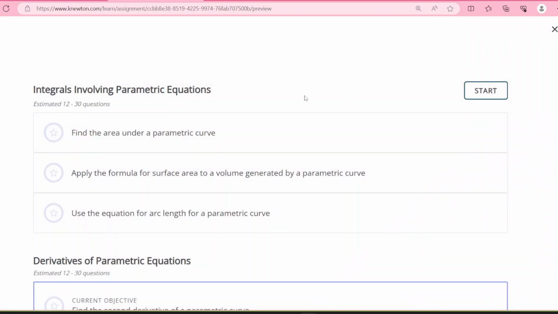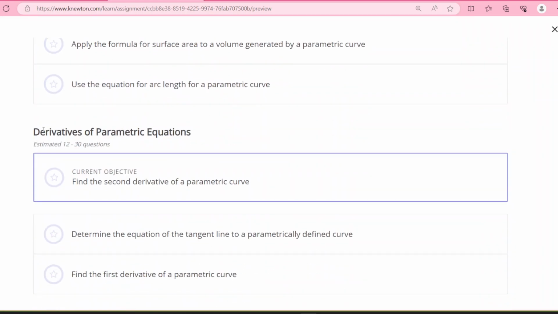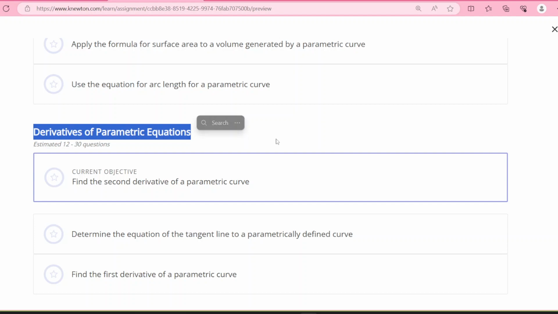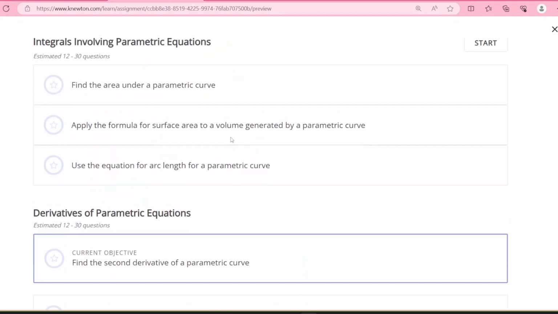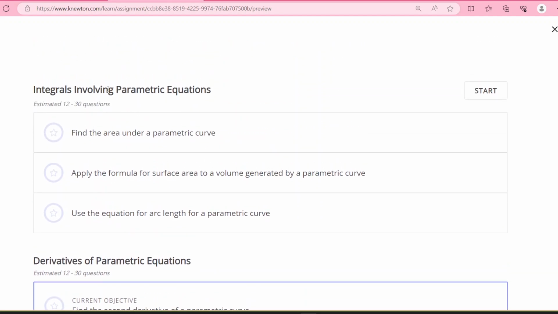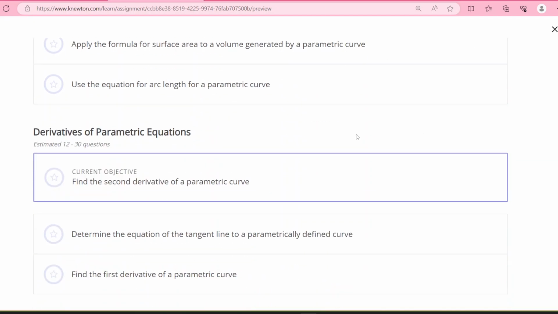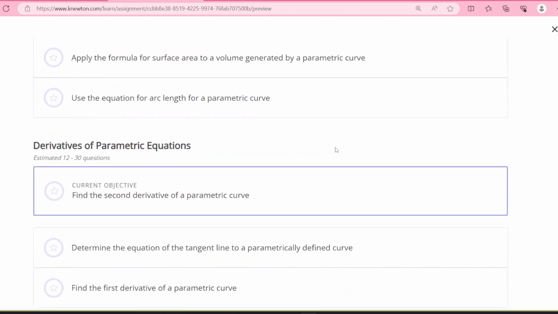If I look at the activity log, I'm just going to work on the heading called derivatives of parametric equations, these three sub-objectives. Then I'll put out a part two video where I go over integrals involving parametric equations. So we're just doing these three today.